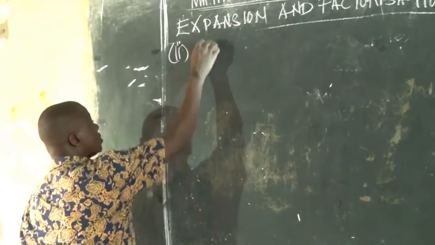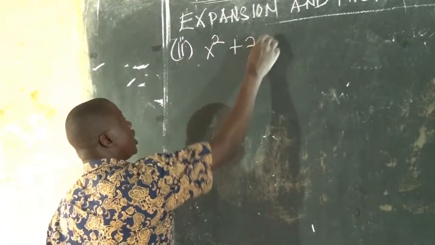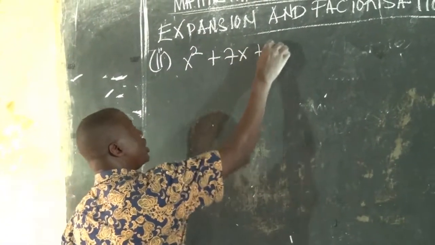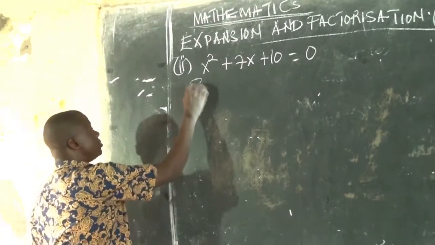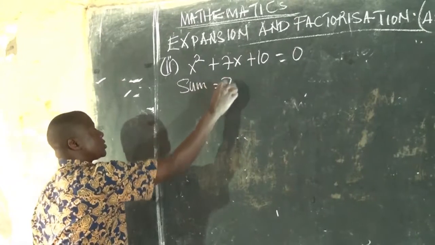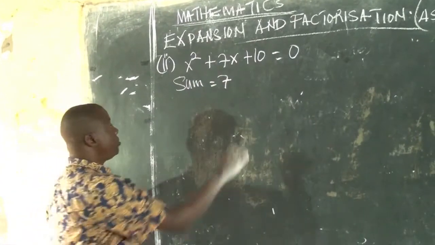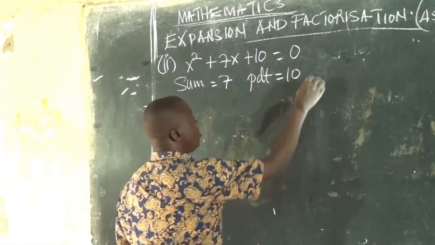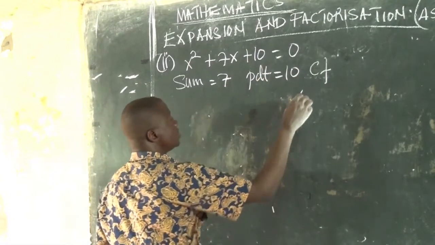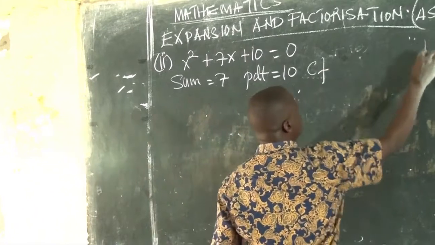And here we have x squared plus 7x plus 10 equal to 0. Our sum is 7, plus the product, it is 10. Common factors, we look at 10.